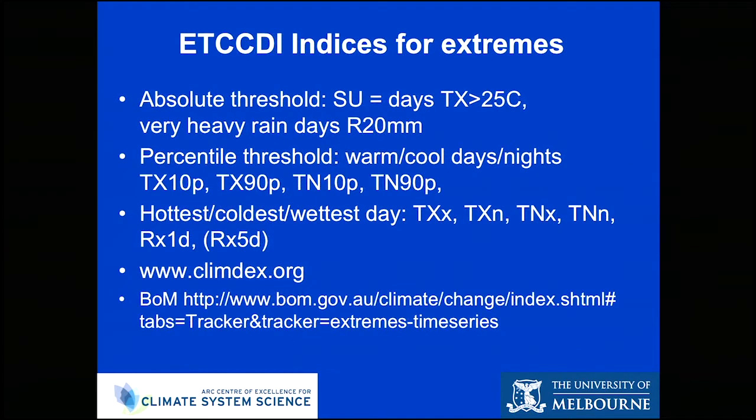And so, for absolute thresholds, I've already talked about this summer days threshold, 25 Celsius, or very heavy rain days greater than 10 millimetres or 20 millimetres in a day. Percentile thresholds, the typical temperature percentile thresholds is counting the percentage of days above or below the 10th percentile for both maximum and minimum daily temperature. For rainfall, it's typically a 95th or 99th percentile.